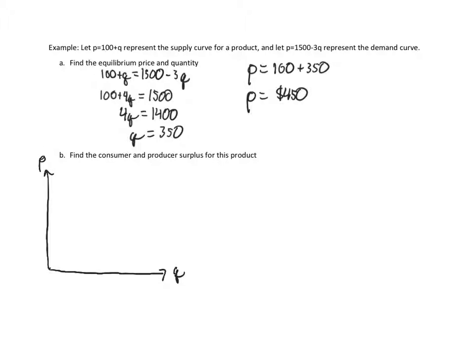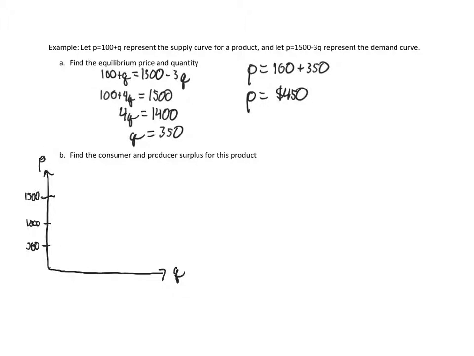And we know that these two graphs are going to meet at 350 and 450. So I'm going to make this axis over here: 500, 1,000, and 1,500.